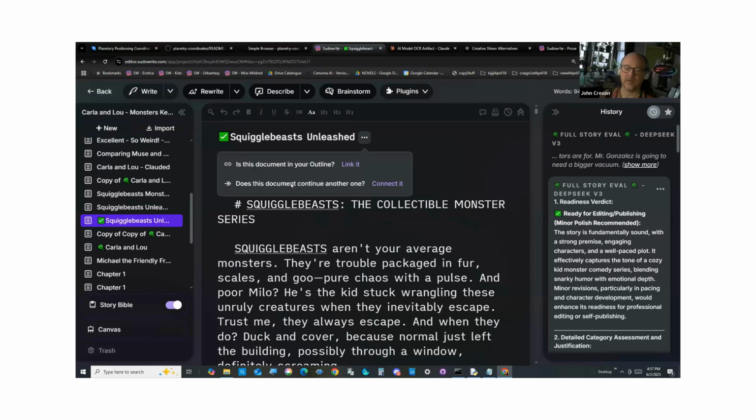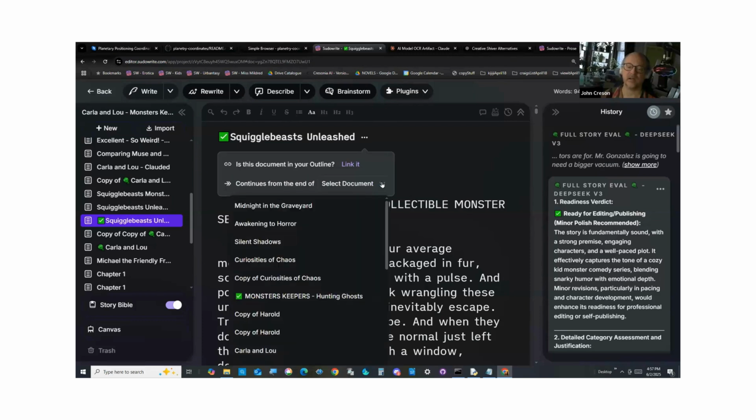If I click that 3 dots there, you can link the document to a chapter in the outline, or you can connect it to a previous document. So I can just say connect, and then I select the document, and it says continues from the end of. But I'm saying that if you're making your plugin, you can make your own directions, and you can tell it how to use the previous document.